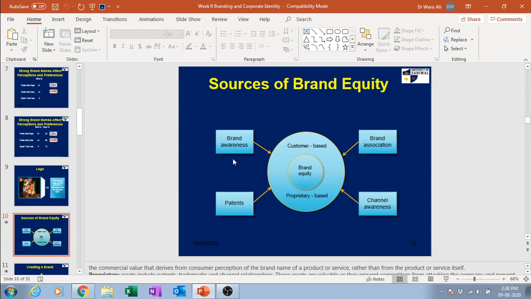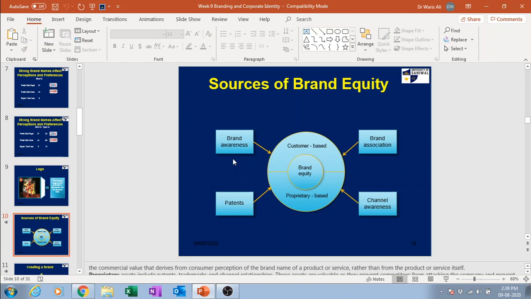For example, if a large number of customers know your brand, it is adding value to your brand. It means whenever they go to a market and want to buy a product, they will definitely consider your brand as an alternative before buying. So brand awareness matters. Brand awareness contributes to brand equity.